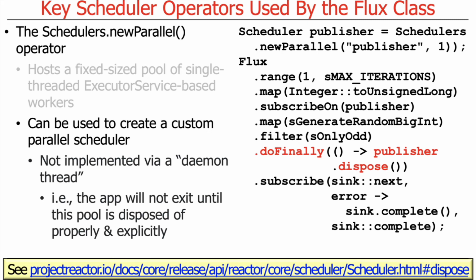So it's like a hook method. And what it says is, on the finally, when we're finished, no matter how we finish, whether we completed normally or completed with an error, call this method, and we say publisher.dispose, and that basically deletes that.